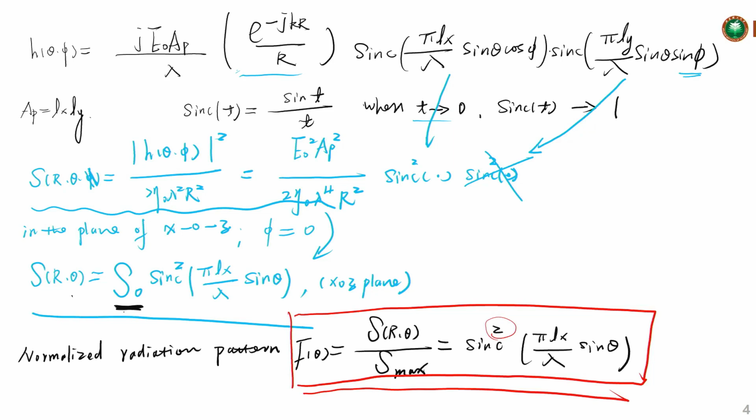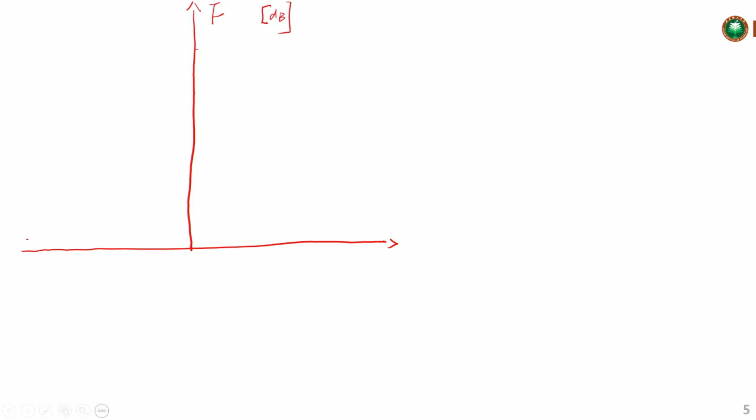So let me plot it, just a hand plot. So it's not exactly like that. I just wanted to use it to express some other parameters based on it. So here is the radiation pattern, and this is the amplitude of F, okay, in dB. Because it is normalized, that means its maximum should be 0, right? So 0 dB.